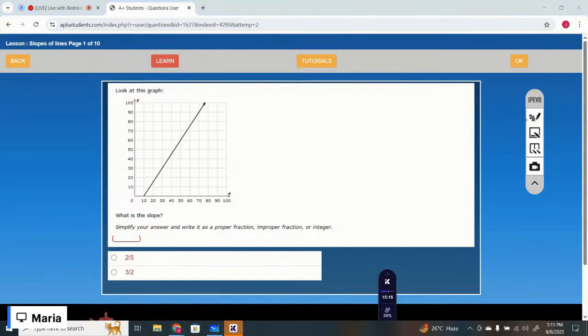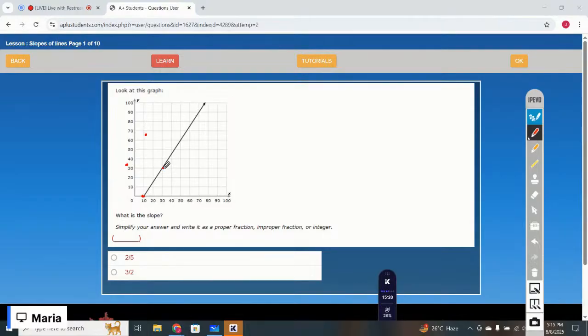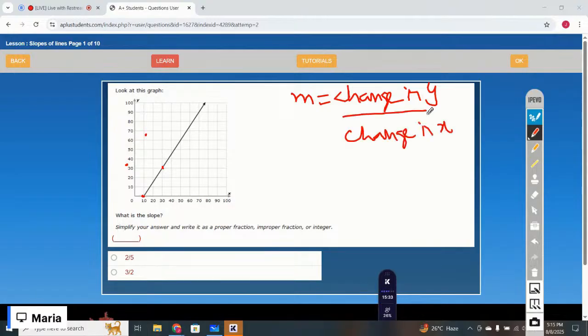What is the slope? Just select any 2 points on the graph and we are going to calculate the slope. The slope is m equals change in y divided by change in x. I don't know what's wrong with the pen.